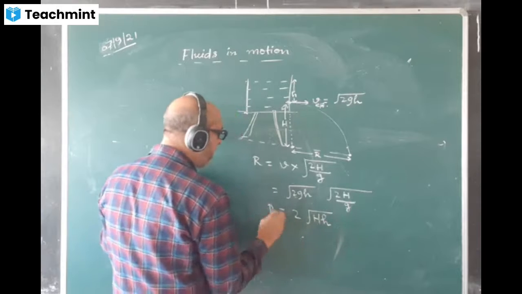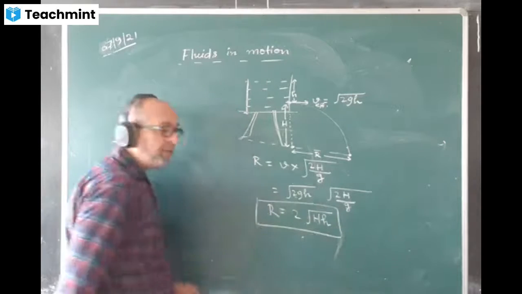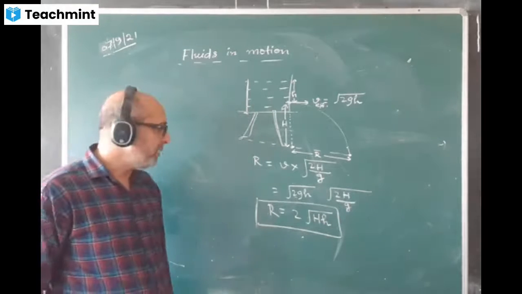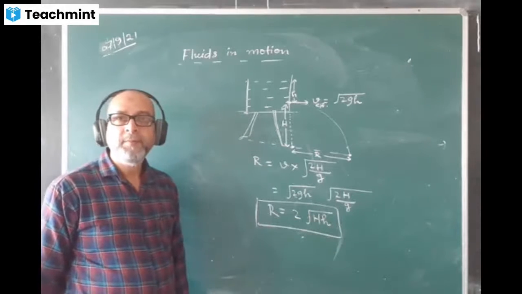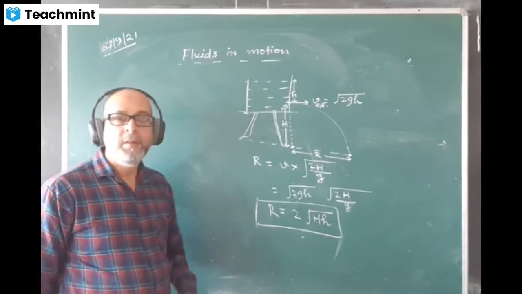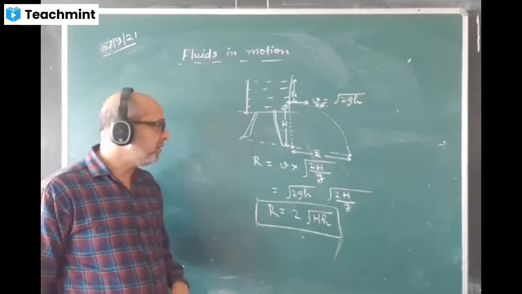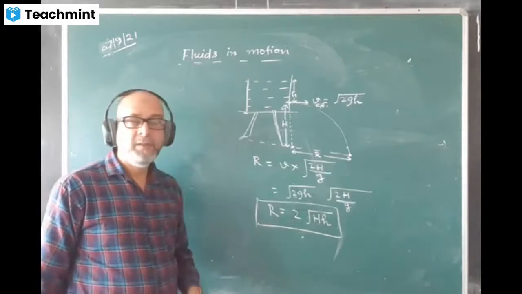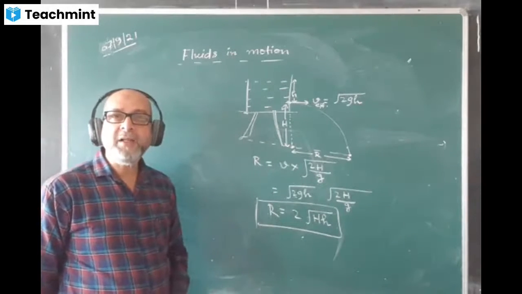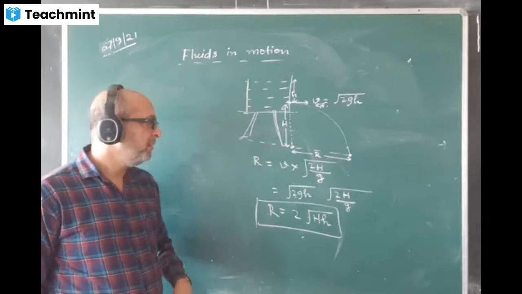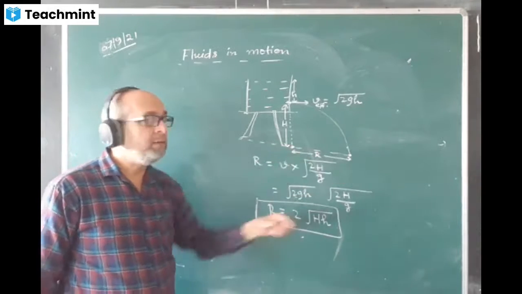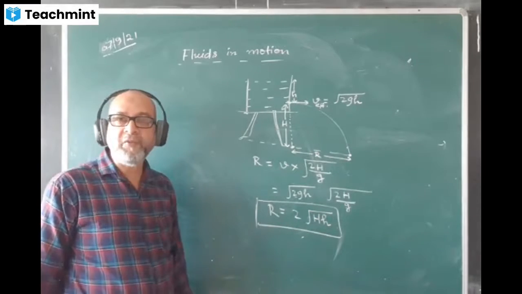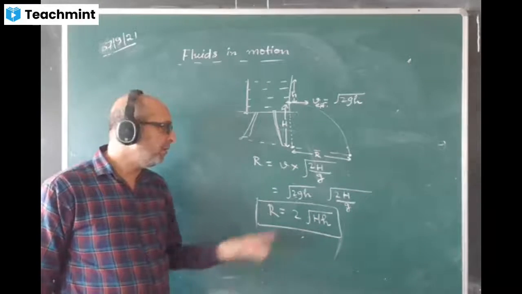This is the formula for finding the range: R is equal to 2 root of capital H small h. Range means the distance, horizontally from the hole, at which the liquid will strike the floor or the ground.